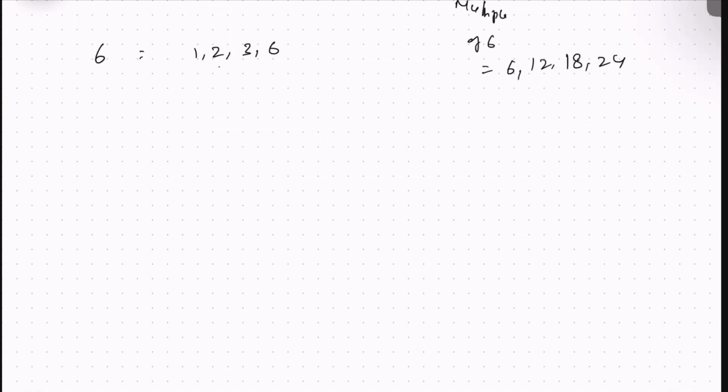If you see here clearly, a factor of a number is something using which you can divide the number. That's clear, right? And for a multiple, this number can divide any multiple with remainder 0. That is simple, right? The factor can divide the number, and here the number can divide the multiple. That is the concept here.